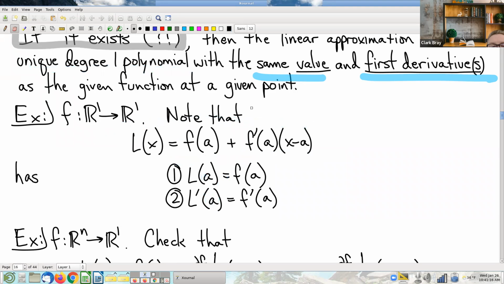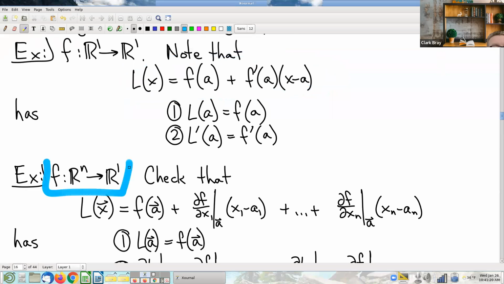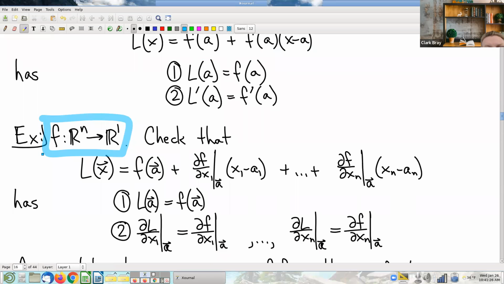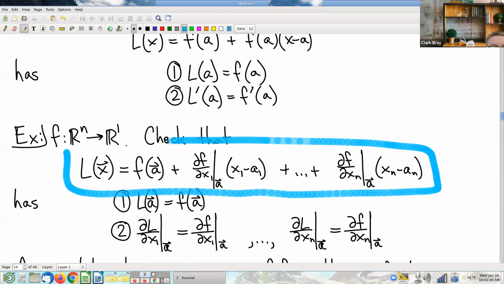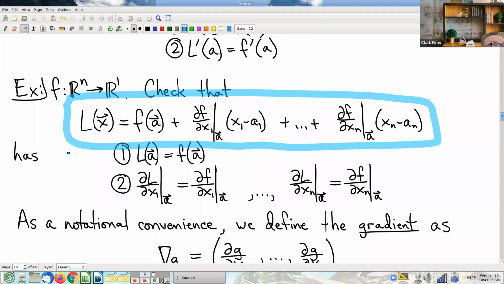Okay, so with that point of view in mind, what if I have a function that has several input variables? I'm going to take basically the same approach. I'm going to write down what I think the answer is. I don't even really have to justify where I got that from, but I'm going to say, I think this is the answer.